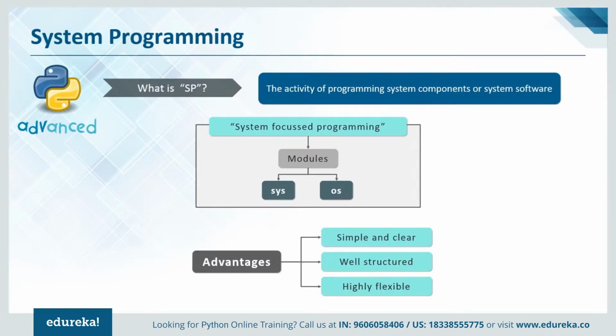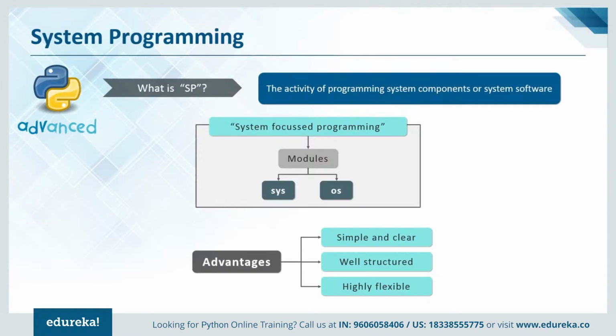Simple, right? So system-focused programming, as I'll call it, is actually made possible with the aid of the sys and the OS module. Guys, this serves as an abstraction layer between the application, which is the Python script or the program, and the operating system. You're getting it, right? So basically, the operating system is anything between Linux or Windows or anything.